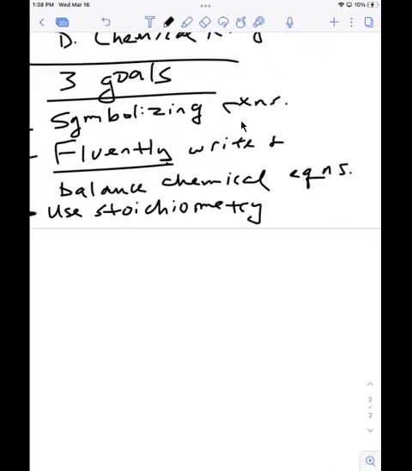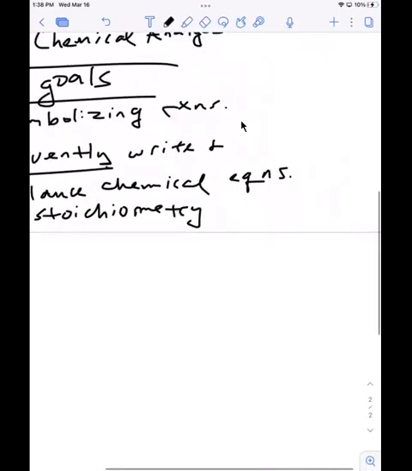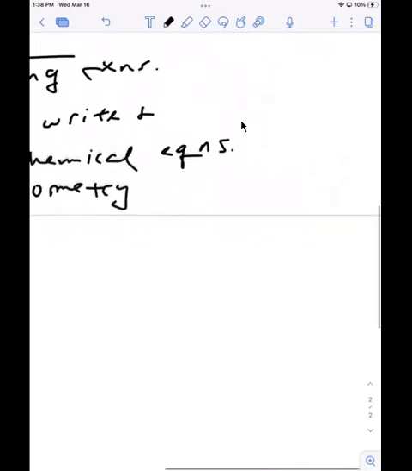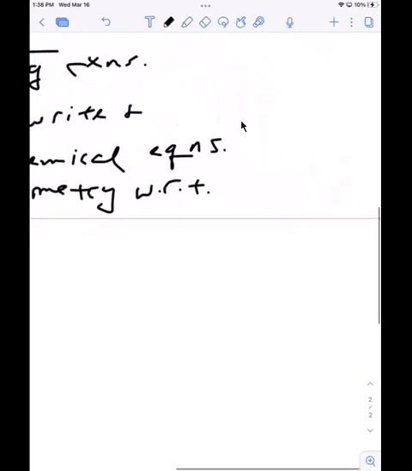We want to use stoichiometry to start connecting some of the stuff we already know. So we're going to use stoichiometry with respect to conservation of matter. We're going to see that right away.